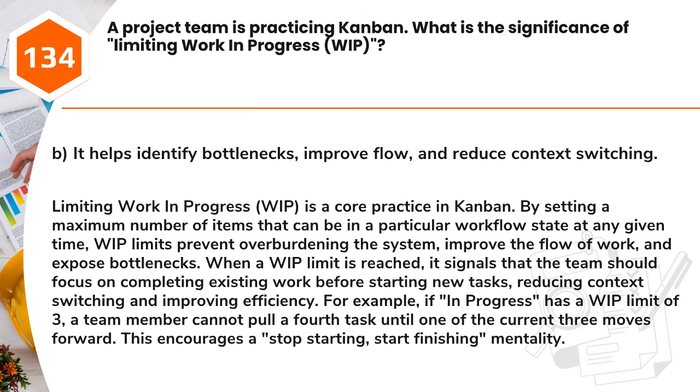When a WIP limit is reached, it signals that the team should focus on completing existing work before starting new tasks, reducing context switching and improving efficiency. For example, if In Progress has a WIP limit of 3, a team member cannot pull a fourth task until one of the current 3 moves forward. This encourages a stop starting, start finishing mentality.